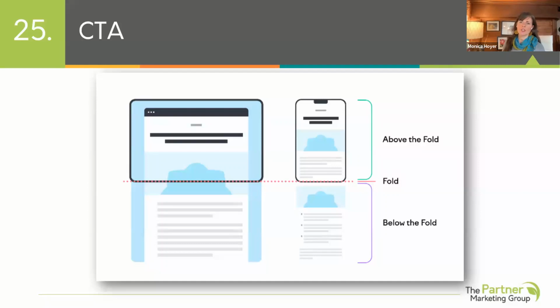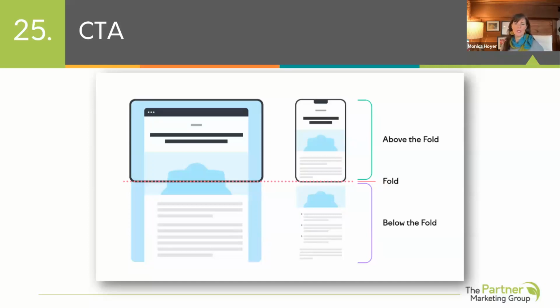You want your call to action to be above the fold. You want that call to action to be something that they see before they even have to scroll, because you want to make the action as easy as possible. So, take a look at where on your web page, in your emails, and even in your social media posts, that call to action is.